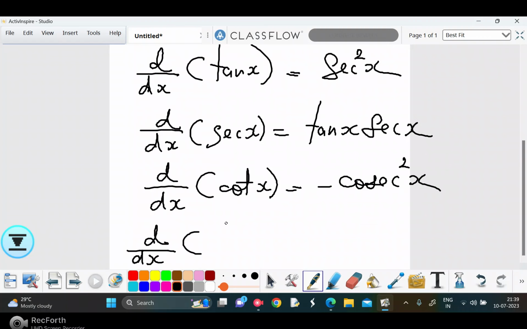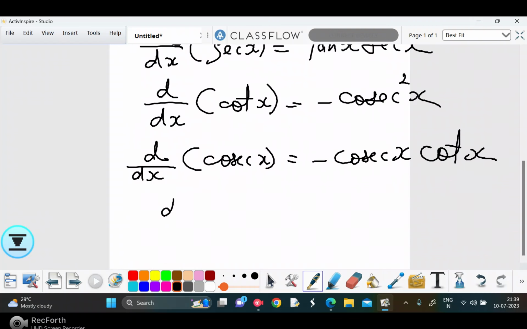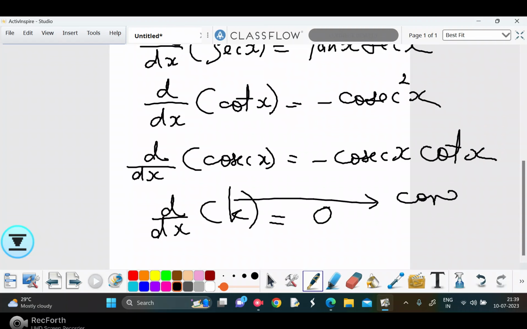Differentiation of cosecant x is equal to minus cosecant x cot x. Next, differentiation of a constant is 0. K is a constant, differentiation of K is equal to 0, where K is a constant.